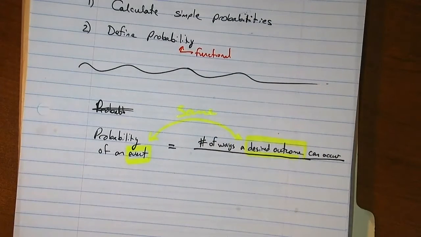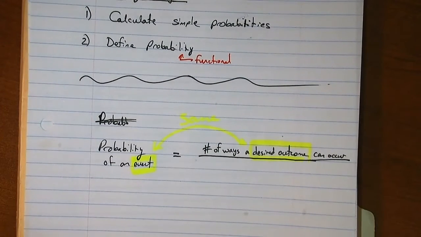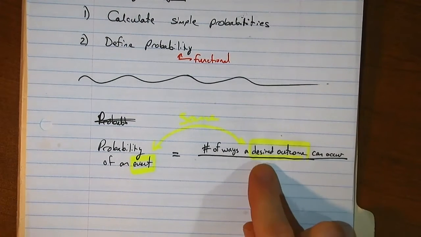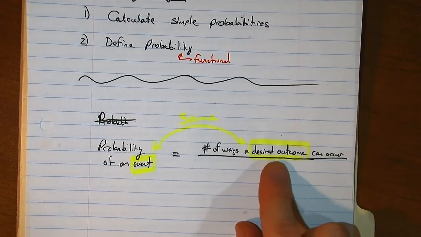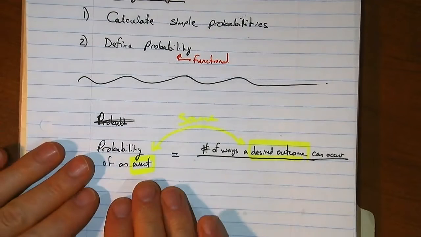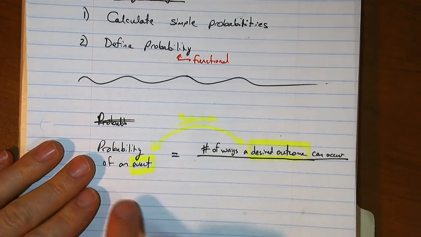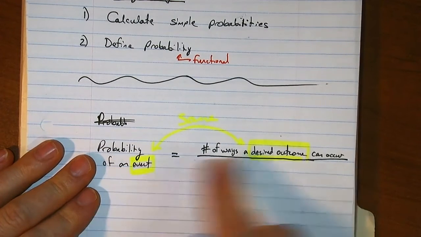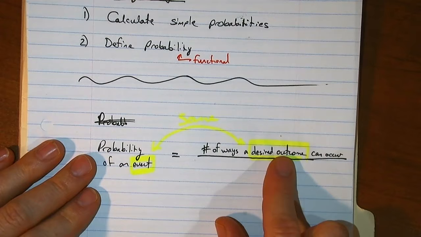Realize that if you think about when you've seen probability in real life in a newspaper or something like that, the desired outcome is not always a good outcome. If I'm studying winning the lottery, then the probability of winning the lottery is the number of different ways I could win. That's a good outcome.